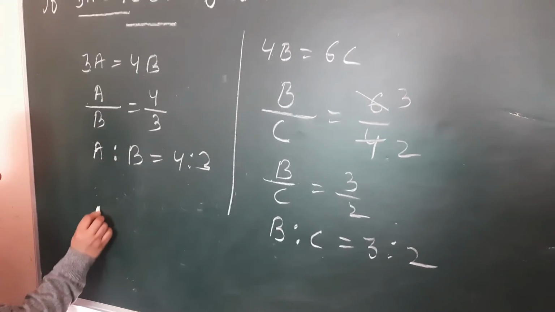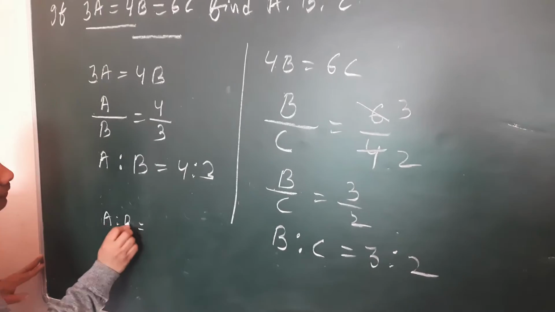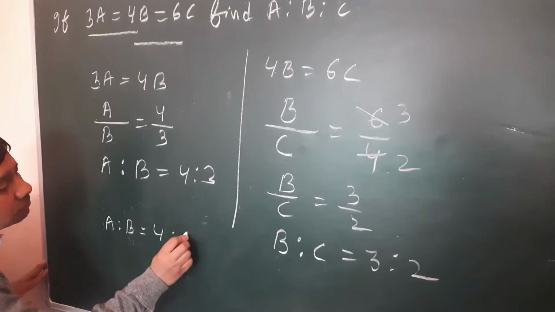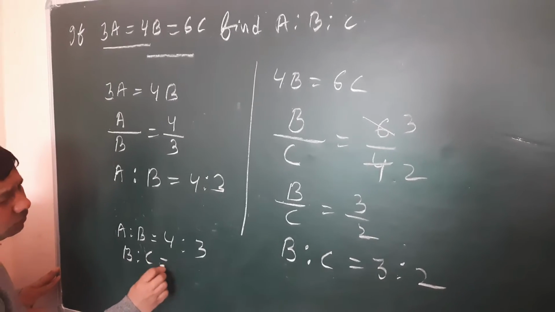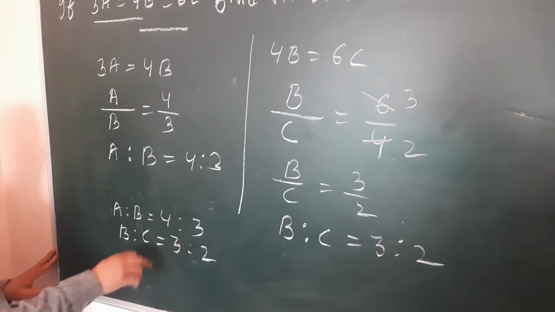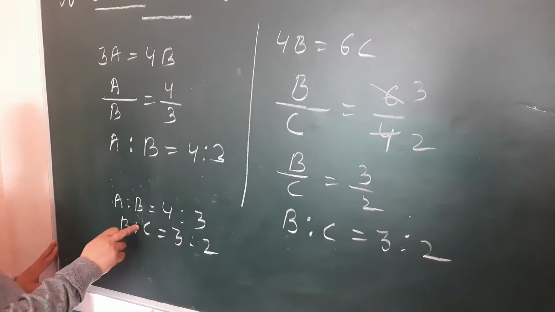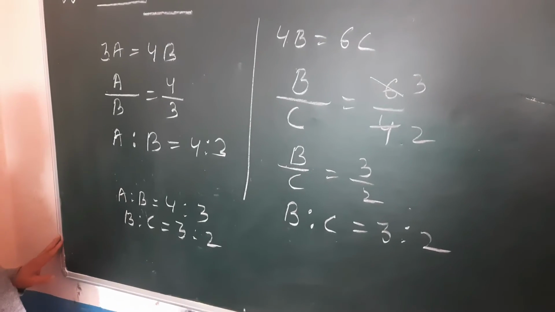So write down here A is to B equal to 4 is to 3, and again B is to C equal to 3 is to 2. Similarly, look at here. So B and B is here. Here is 3, here is 3. They are the same.